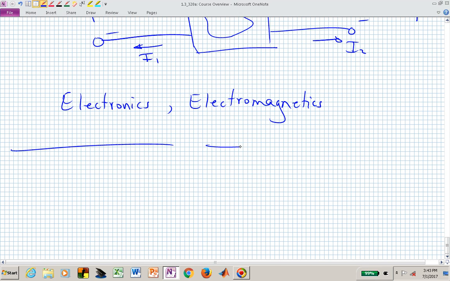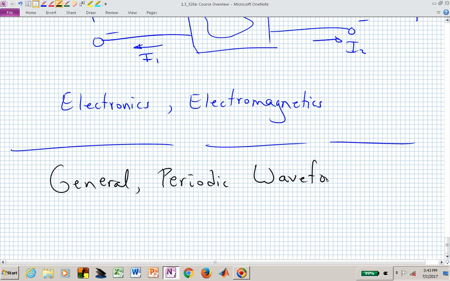If time permits, we'll talk about the material of Chapter 16, which now allows us to use another frequency domain concept, which is dealing with periodic waveforms, or general periodic waveforms.